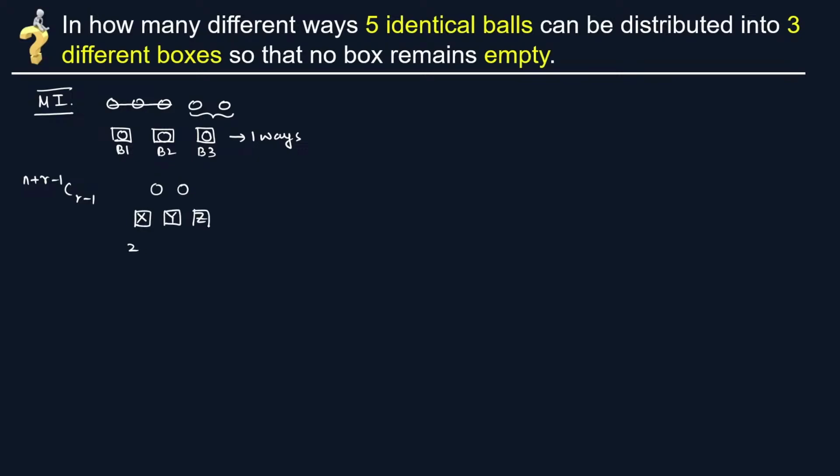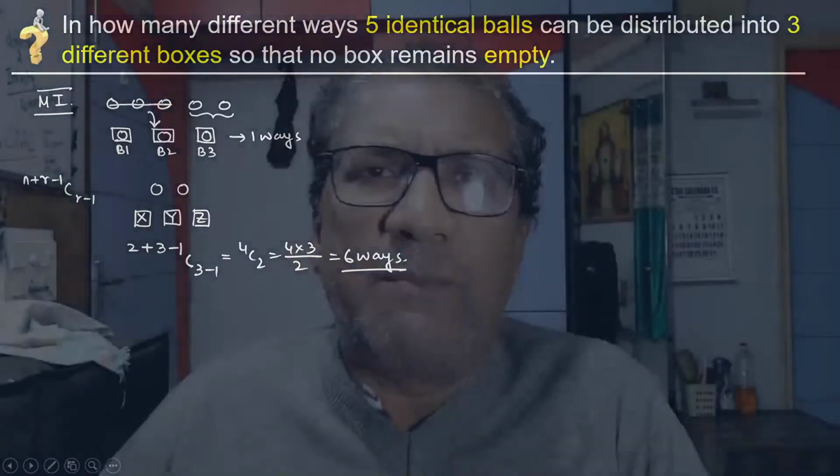It is X, Y, Z. So 2 plus 3 minus 1, C 3 minus 1. That gives us 4C2, which is 6 ways. So there are 6 ways in which these 5 balls can be distributed in these 3 boxes such that no box remains empty.